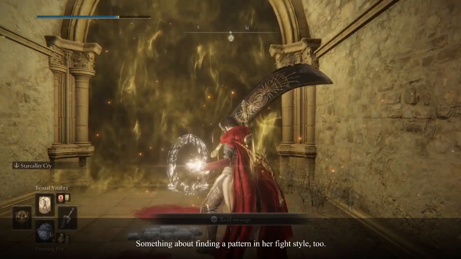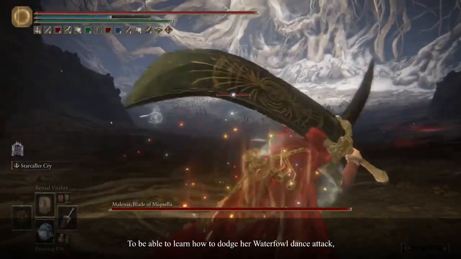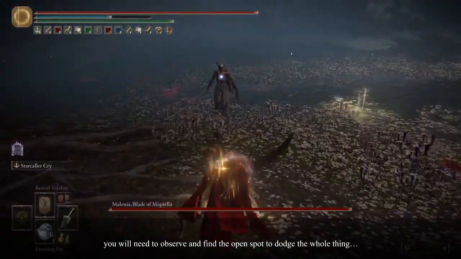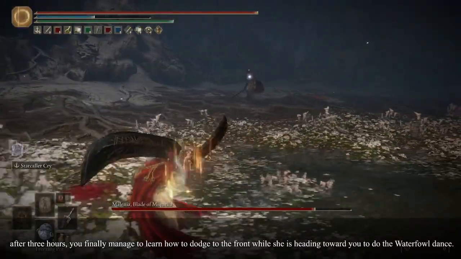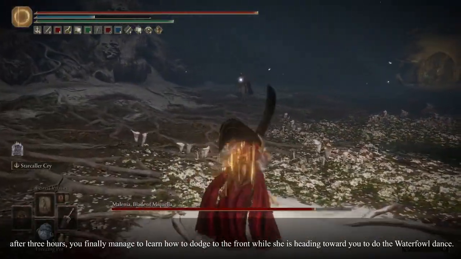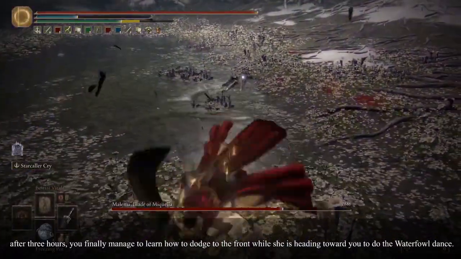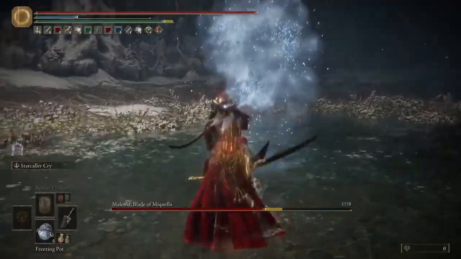Something about finding a pattern in her fight style too. To be able to learn how to dodge her Waterfowl Dance attack, you will need to observe and find the open spot to dodge the whole thing. After the 3 hours you spent, you finally managed to learn how to dodge to the front while she is heading toward you to do the Waterfowl Dance, or you use the freeze part to stop this movement.